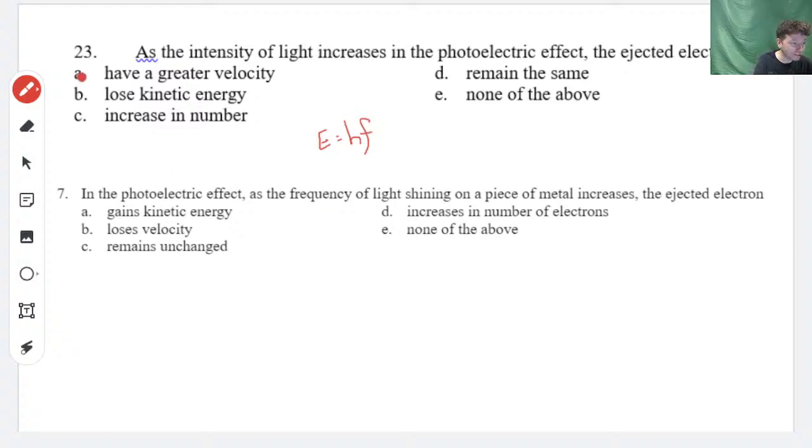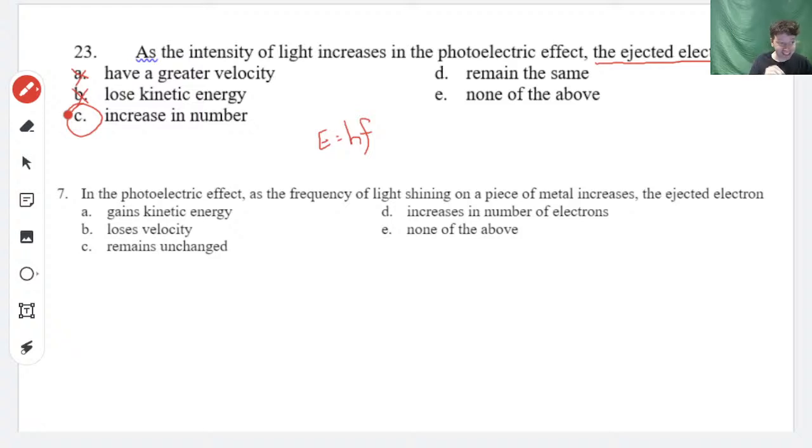So you're not going to have that. You're not going to lose energy either. That doesn't make sense. Increase in number. Yes. Assuming the frequency is already high enough that you are overcoming that threshold frequency and you have ejected electrons. I'm assuming you have ejected electrons because it says what's happening to the ejected electrons. Your increase in intensity is going to increase the number of those ejected electrons.